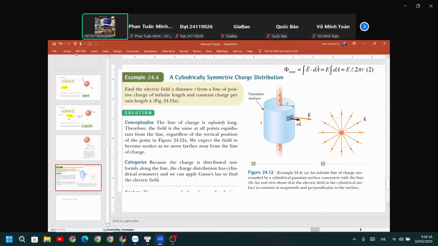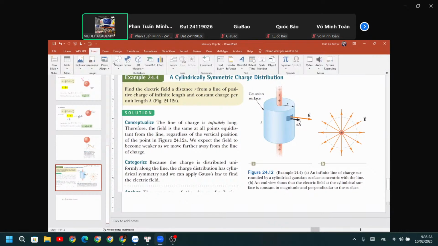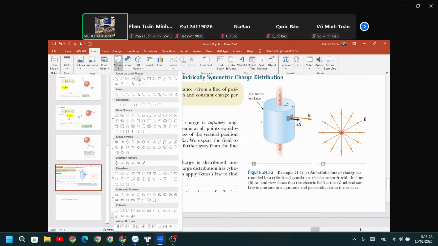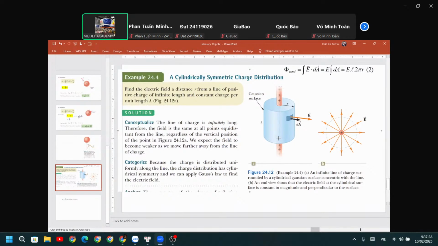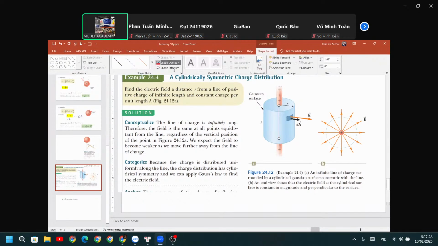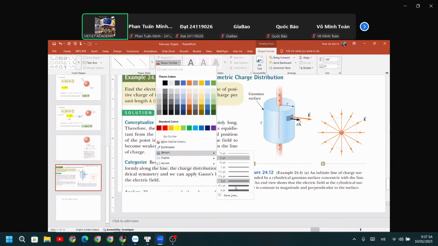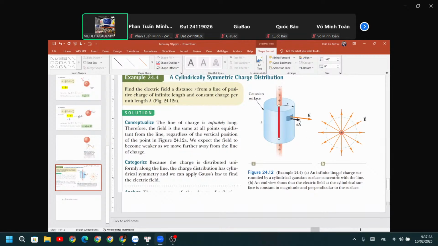You can see that only this segment, from this point to this point, is inside the box, from the center of the circle here to the center of the circle on the bottom.